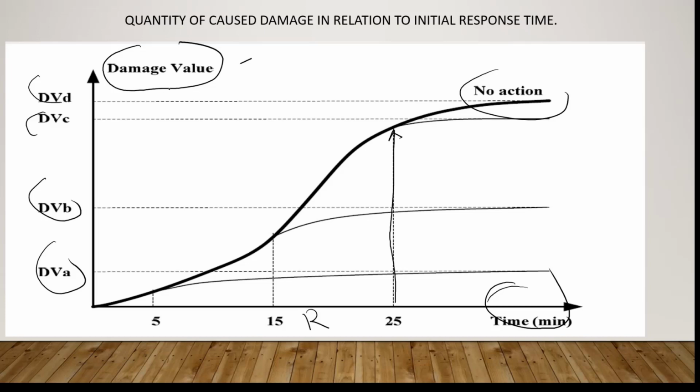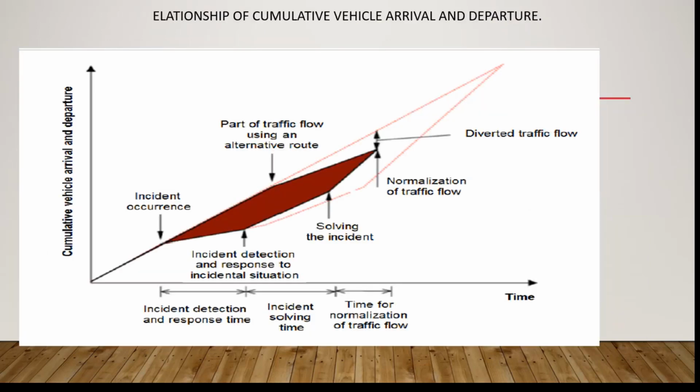In order to define damage value, that could be loss in travel time, loss of human life, and also an increase in the emissions of those vehicles, and so on. That is the actual response when that specific accident happens here.